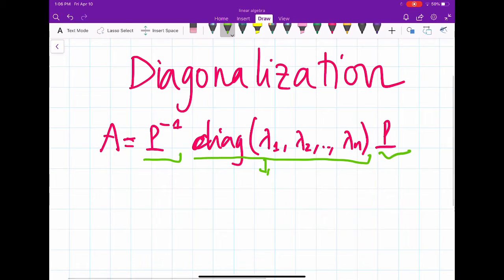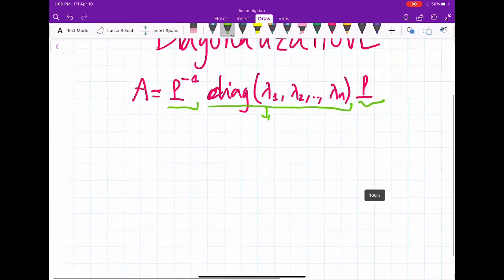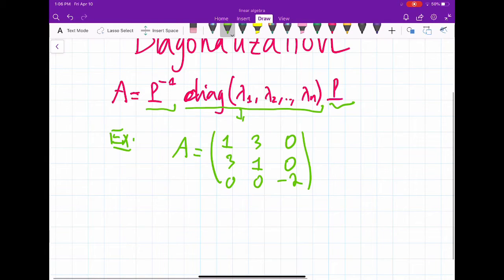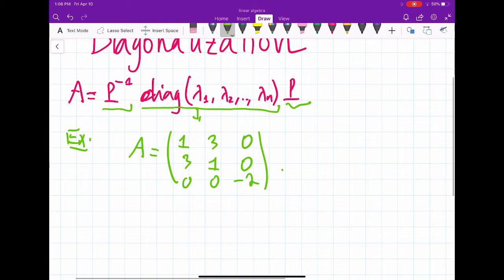Actually, we already discussed the following problem. We have matrix A equal to 1, 3, 0, 3, 1, 0, 0, 0, and negative 2, right? And we found all eigenvalues of this: 4 and negative 2. Those are the eigenvalues.